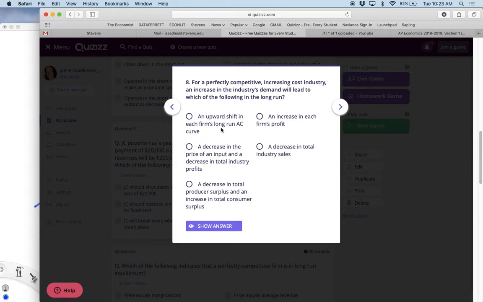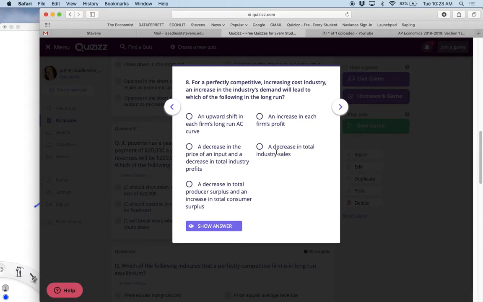For a perfectly competitive, increasing cost industry, an increase in the industry's demand will lead to which of the following in the long run? It must be an upward shift in each firm's long-run average cost curve. It's actually a mistake. It should be the short-run average cost curve. Okay? None of these is correct, right? Because the profits have to, in the long run, be zero. Okay?